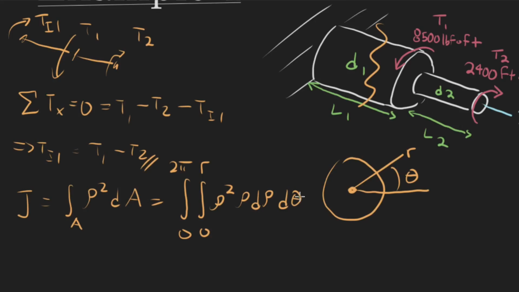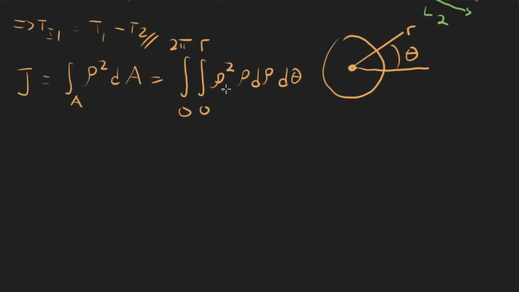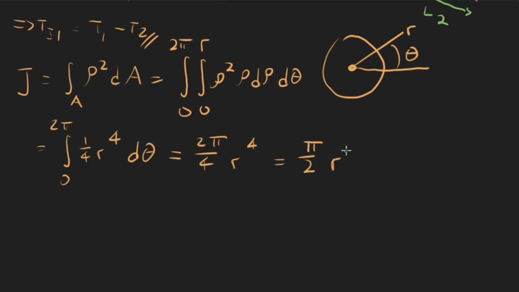Now this inner integral right here is going to give us rho to the third, so we're going to add 1, that'll give us rho to the fourth, and we'll have a 1/4 outside that. This will be the integral of 1/4 r to the fourth d theta, which is equal to 2 pi over 4 r to the fourth, which is equal to pi over 2 r to the fourth.